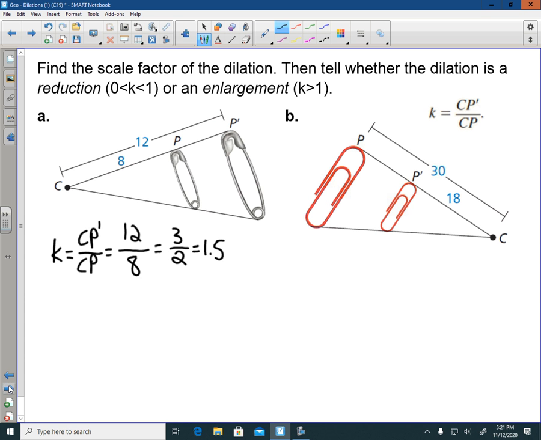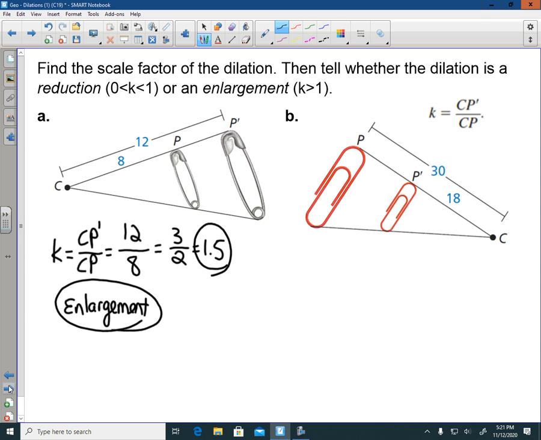So notice that that number is bigger than 1. 1.5 is bigger than 1, and so we can comfortably say that this is an enlargement. So here's our scale factor that we calculated, and here is what type of dilation it is.